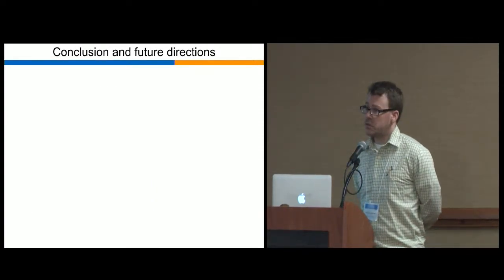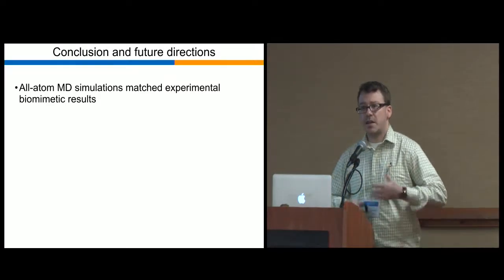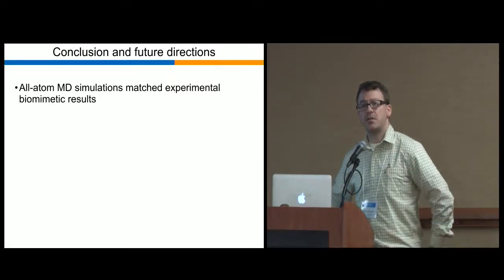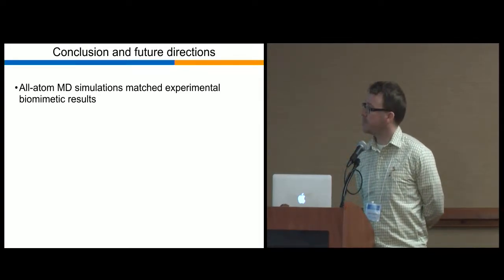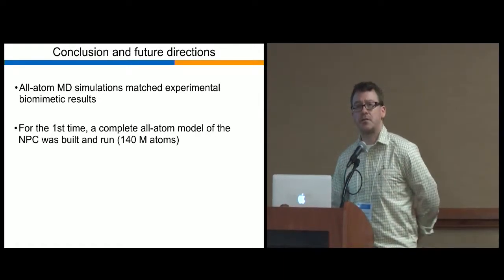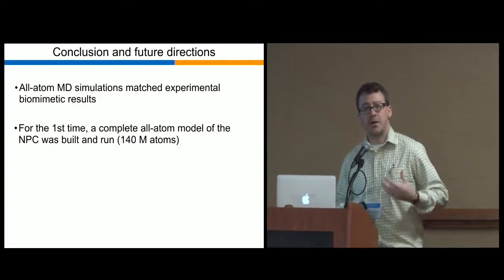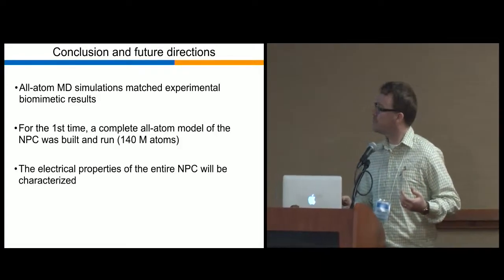So in conclusion, we saw that in all atom simulations, we were able to match the electrical properties seen in experiment for a network of NUPs. We built the first complete all-atom model of a nuclear pore complex, which in total was about 140 million atoms.